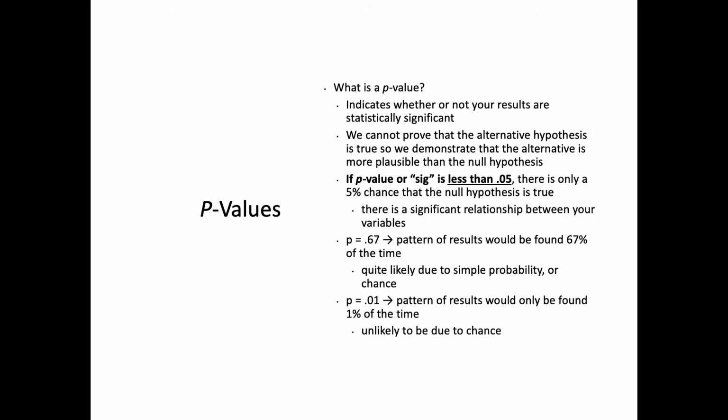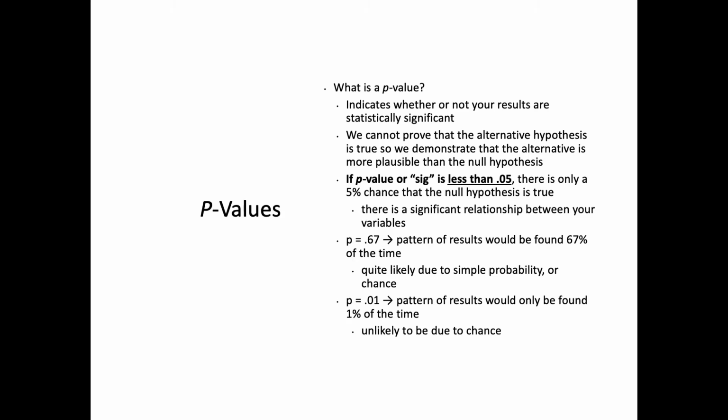In addition to effect size, the r value we have for correlation analysis, another significant index to evaluate the correlation is the p-value. The p-value indicates whether or not your results are statistically significant, whether or not your results were found by chance. Remember that the r value indicates the strength of the relationship.